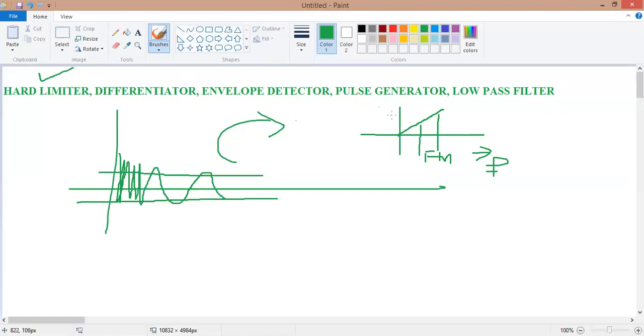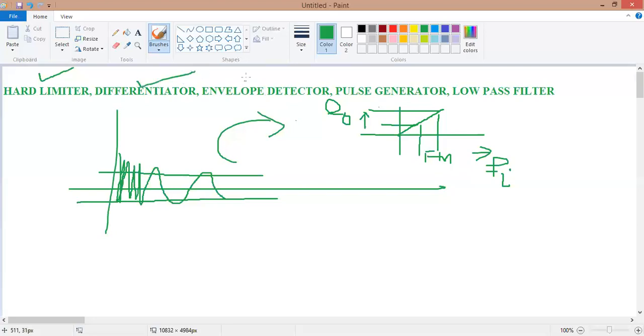Then we will get the output in terms of amplitude variation, in terms of voltage. So we get back the amplitude form as output, while the input is in terms of frequency. Okay, so that is possible using a differentiator.